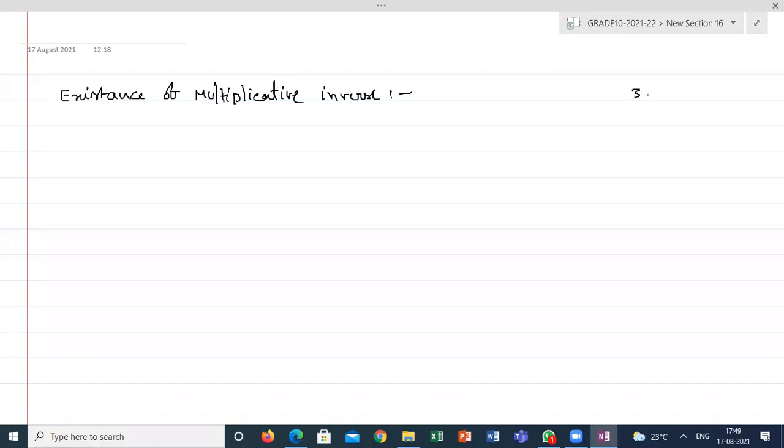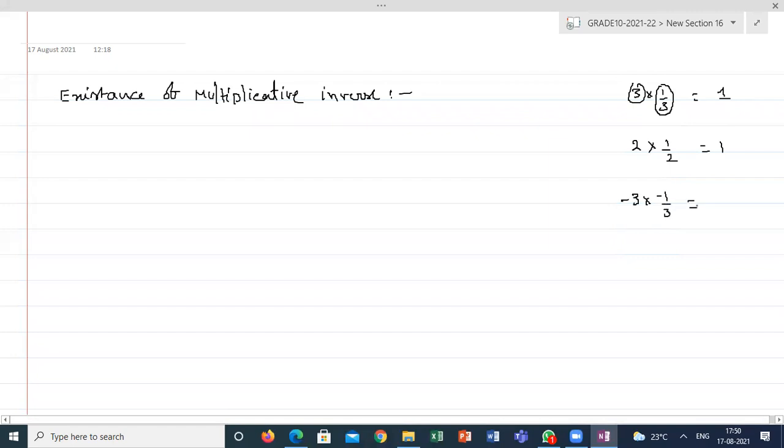Suppose I take 3, what is the multiplicative inverse? 1 by 3. After multiplying with the multiplicative inverse, the answer should be unity. The multiplicative inverse of 2 is 1 by 2, the answer is 1. The multiplicative inverse of minus 3 is minus 1 by 3, the answer is plus 1. Understood what is the meaning of multiplicative inverse?